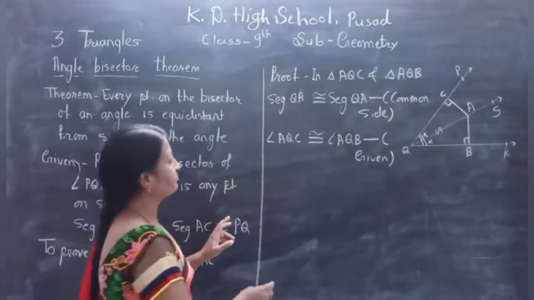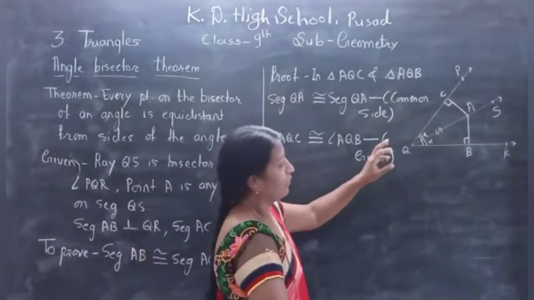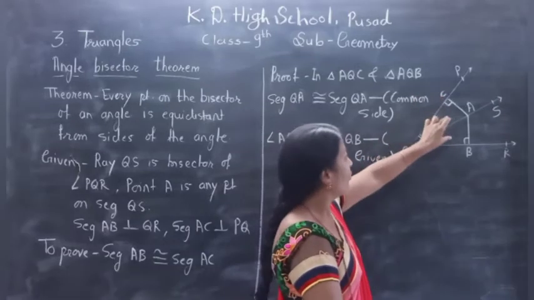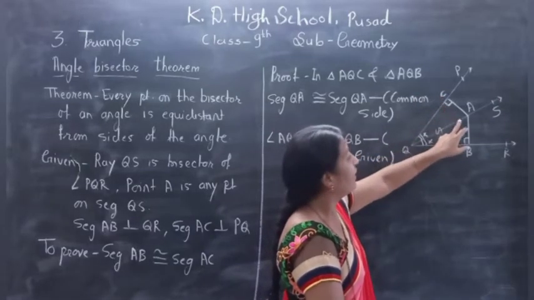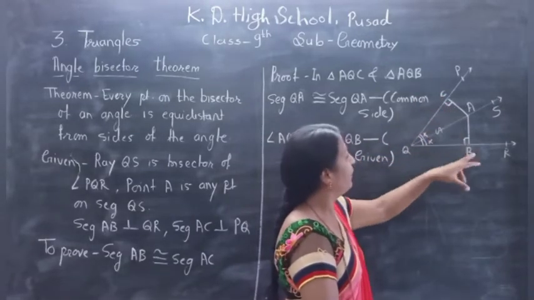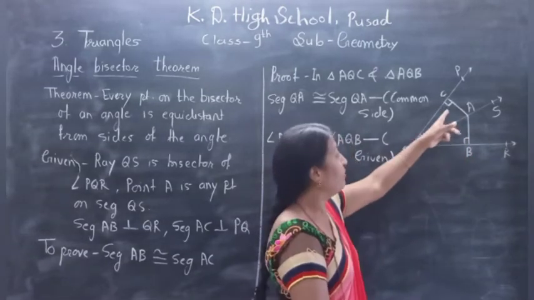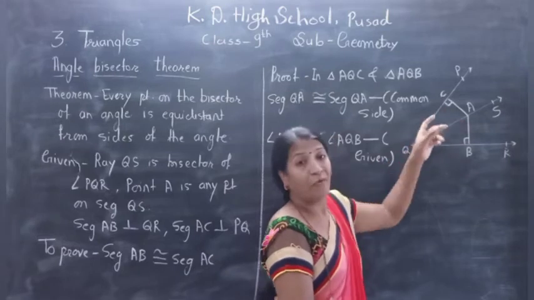Now next, we need a third statement to prove these two triangles congruent. Here we observe that AC perpendicular to PQ and AB perpendicular to QR. So it means these angles are of 90 degrees.